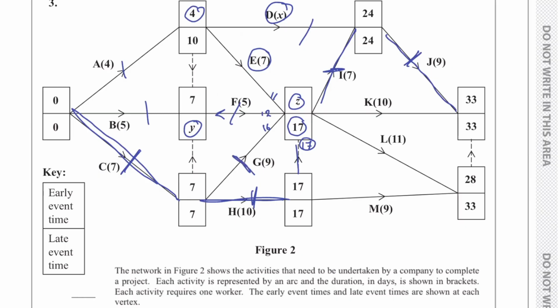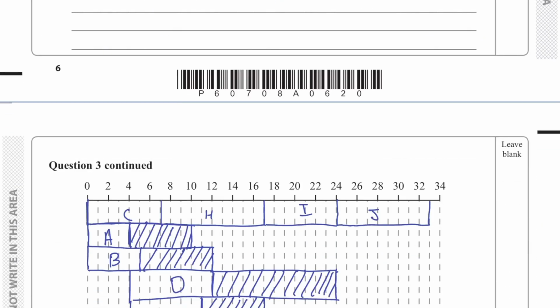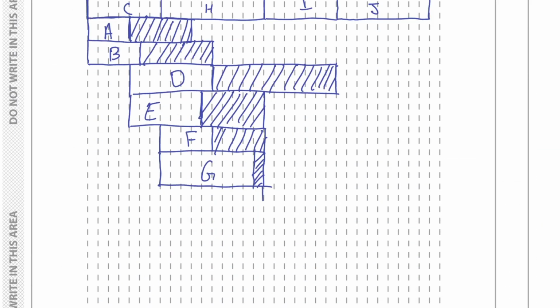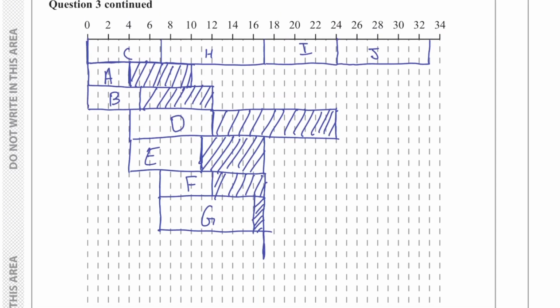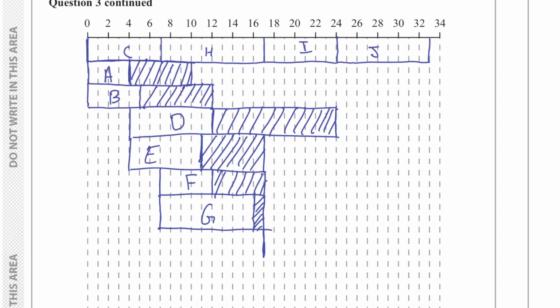K starts at 17 and ends at 33, which is here. I'll just draw a line just to keep.